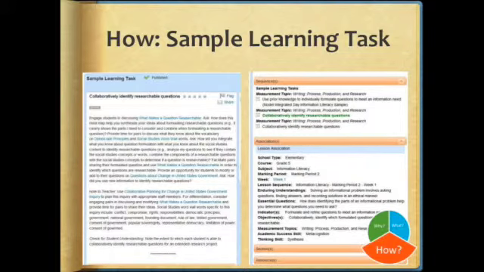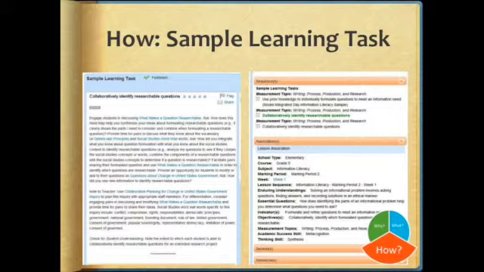The bold text is what we call the header. If you remember back, we were talking about the components. There's the header, and then at the very end of the sample learning task is the check for student understanding. Both the header and student check for understanding are based on the standard.